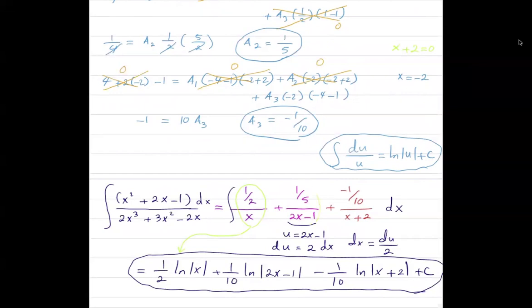The integral of 1/5 divided by 2x minus 1 using regular u-substitution gives you 1/10 ln of 2x minus 1. And finally, the integral of negative 1/10 divided by x plus 2 gives you negative 1/10 ln of absolute value of x plus 2. Don't forget the constant of integration.